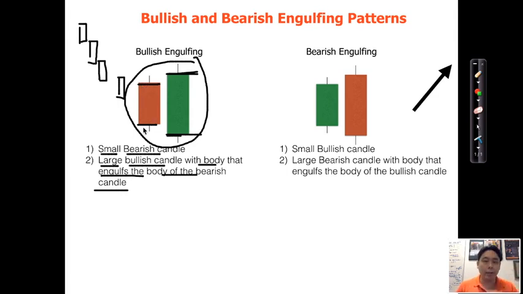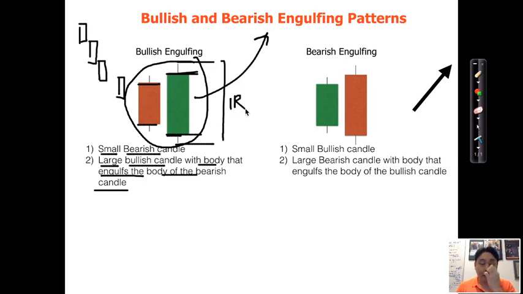Okay, and then following that, you want to have a really big bullish candle that engulfs it, right? So once you have that, there's a high probability the price will reverse back up. So that's when we go long, right? Again, we put a buy order a few cents above the high of this candle and a stop loss below the low of this candle, right? And that would be our one-hour risk.